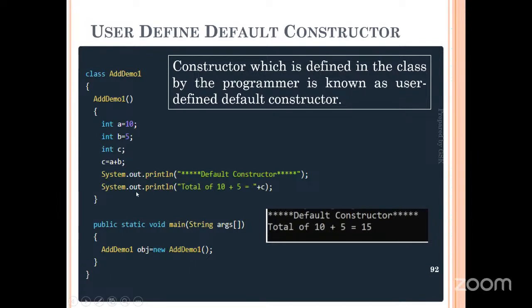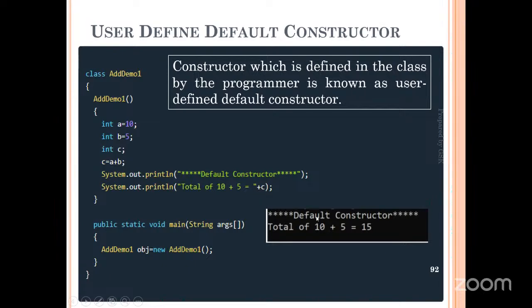How to write the code? System.out.println, sum of a comma b is, if you want. Otherwise, total of 10 plus 5, or 10 and 5. You can write anything within the double quotations, that won't raise any error. Concatenated with plus symbol, plus means concatenation in this case. And where do you have the result? c, because we stored it in c. So concatenated with c.